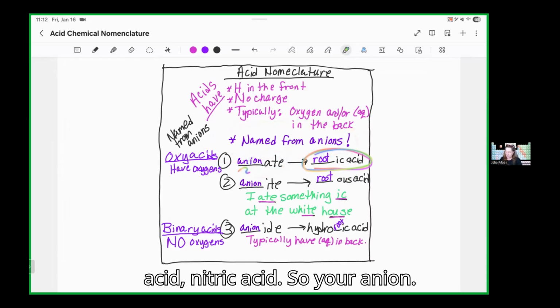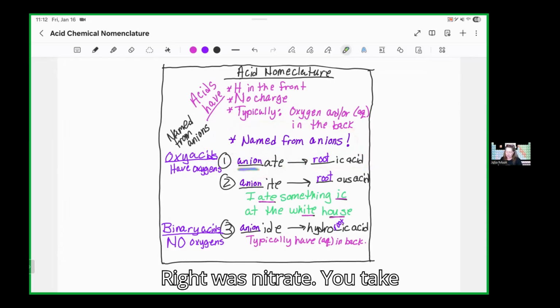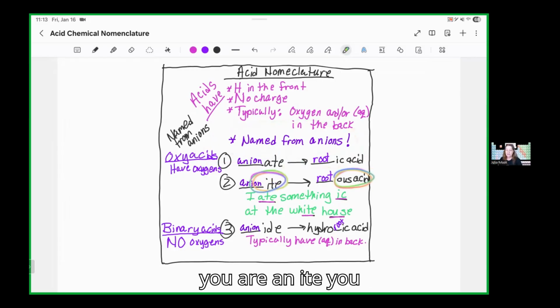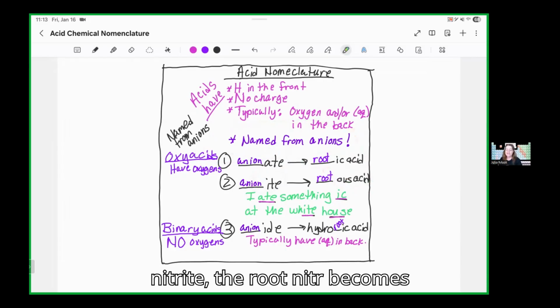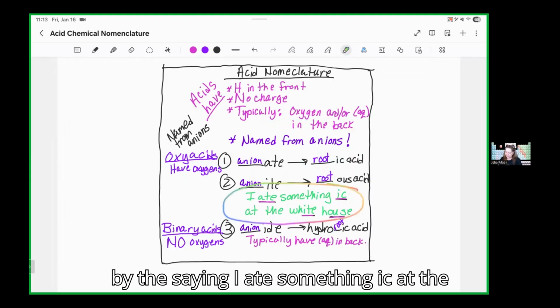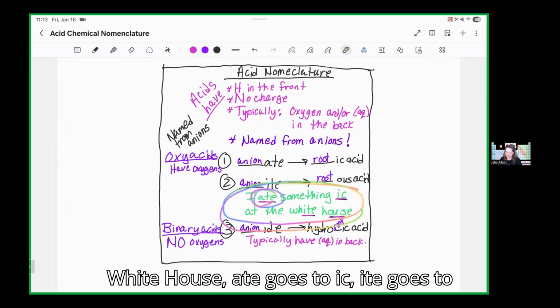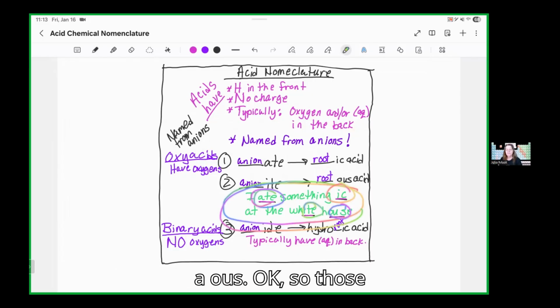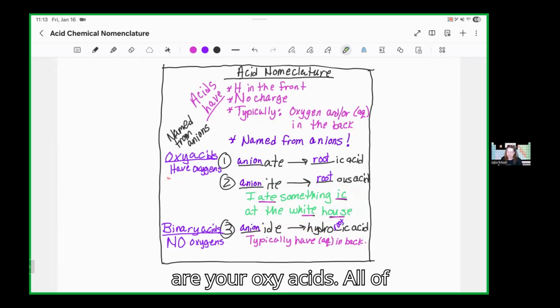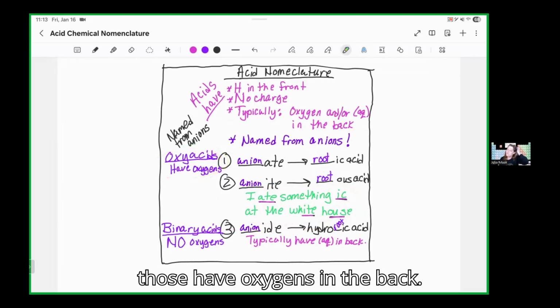You take the root, nitr, and add ic acid: nitric acid. Your second rule is if you are an ite, you become an ous acid. Like nitrite, the root becomes nitrous acid. I remember that by the saying, "I ate something icky at the White House." Ate goes to ic, ite goes to ous. So those are your oxyacids. All of those have oxygens in the back.